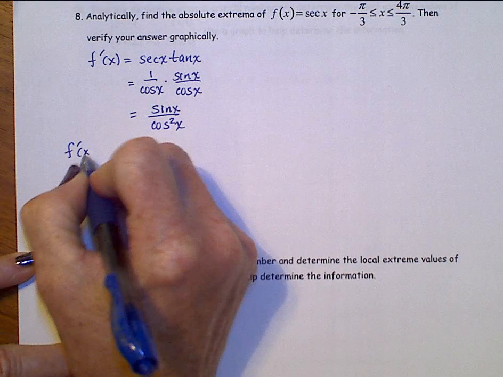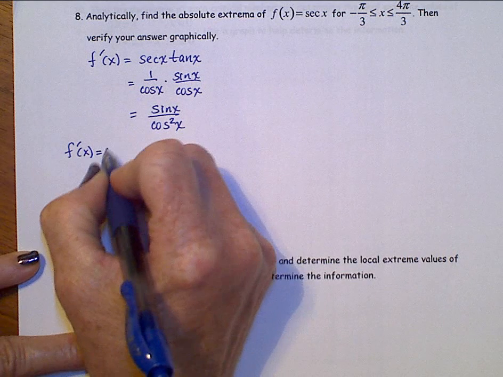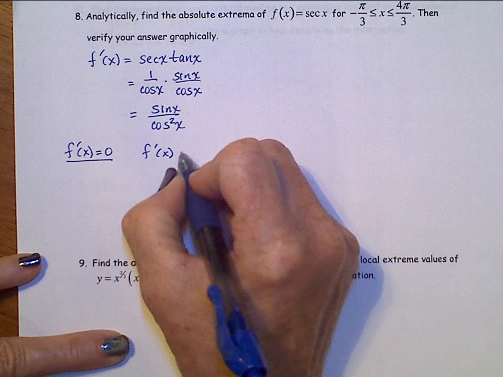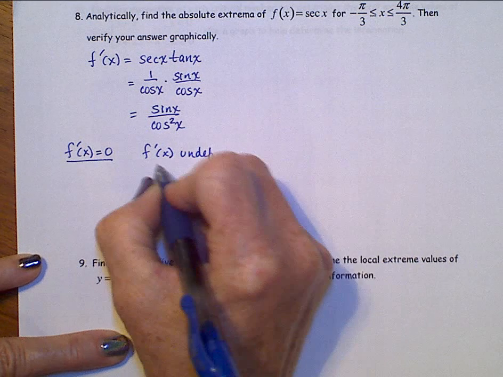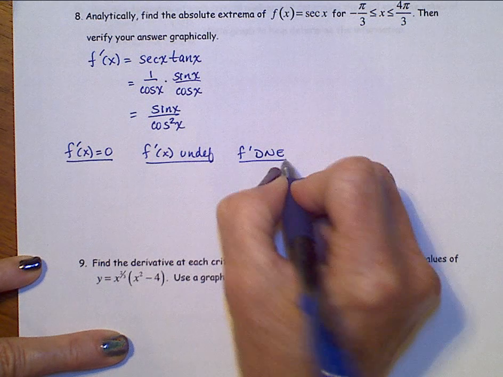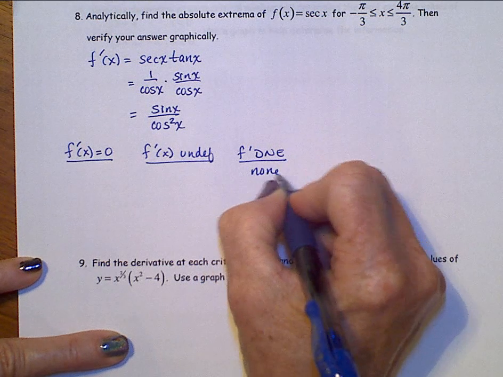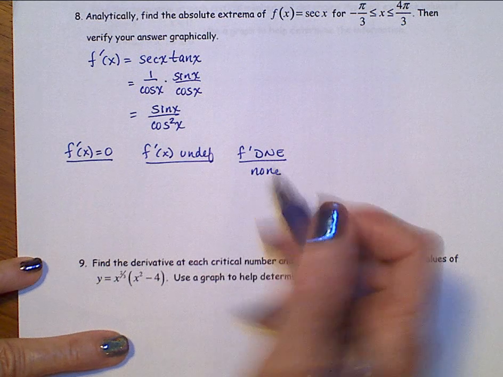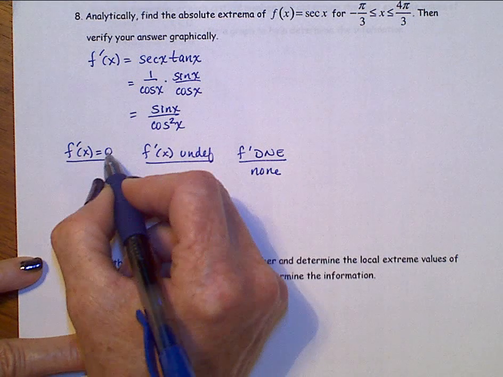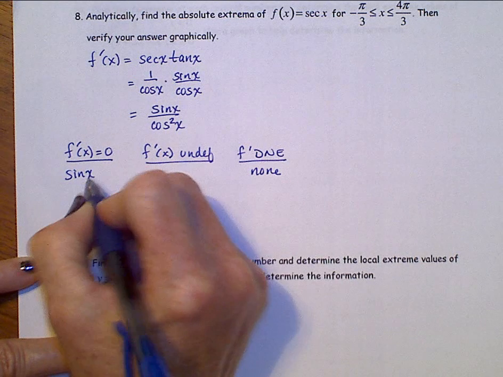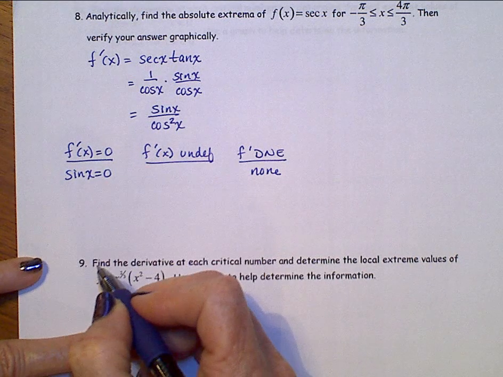F prime of x equal to 0, f prime undefined, does not exist. None for now. That piecewise defined function will come up shortly. Looking where the derivative is equal to 0, where the numerator is equal to 0, so where sine is equal to 0.